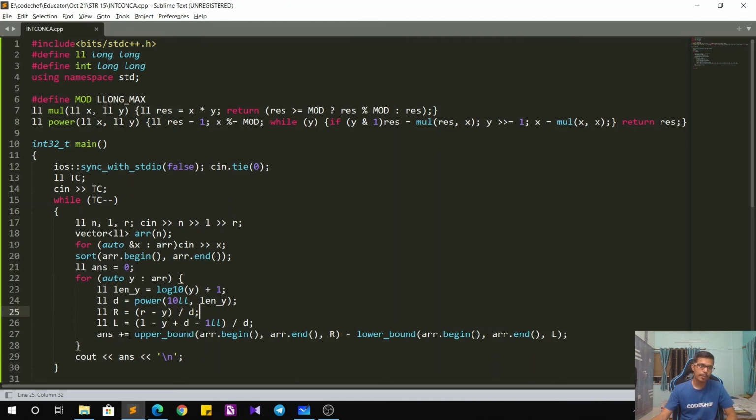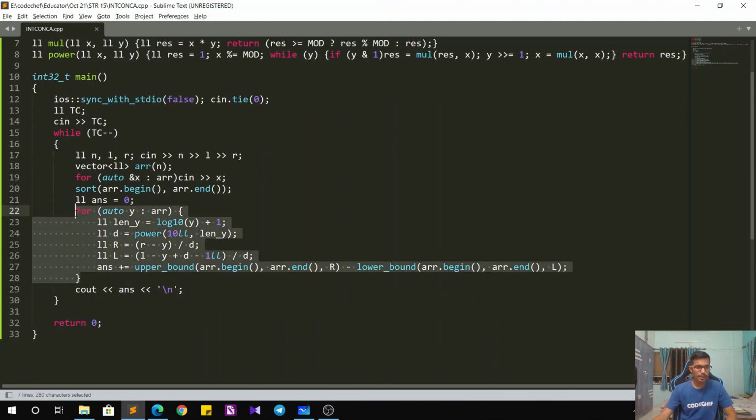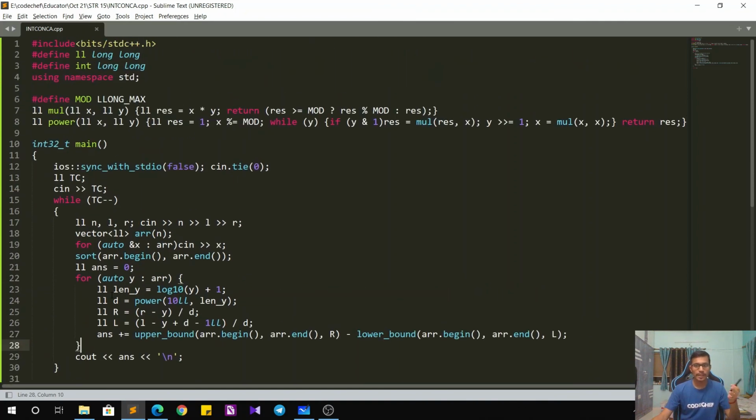So once we have the upper bound and lower bound, I just subtract them to get the total count of x such that it lies in the range L comma R, and that is added to my answer. And this is done for each possible y. That is, I am fixing y each time to different elements present in ARR. And that completes my solution. I finally get the variable answer with my final answer. So I just output it. So this completes the implementation.